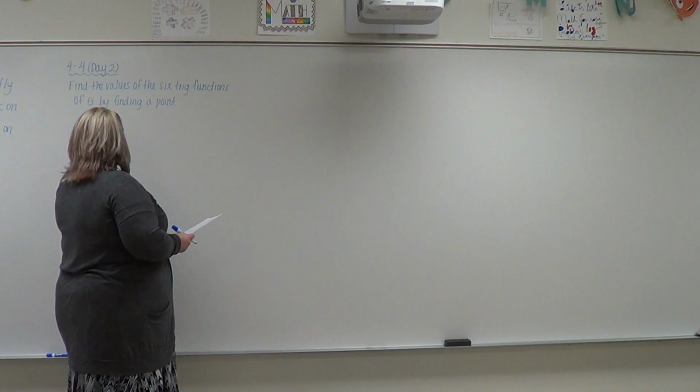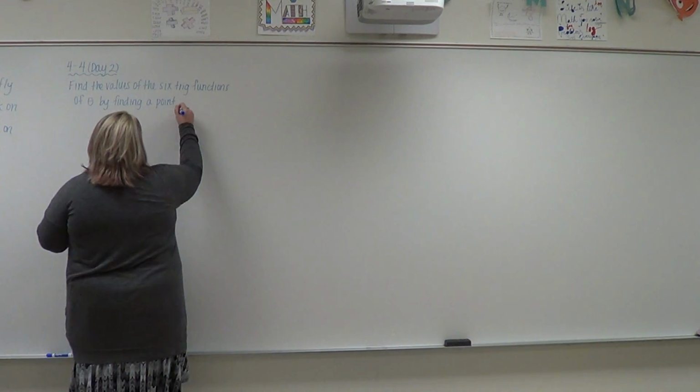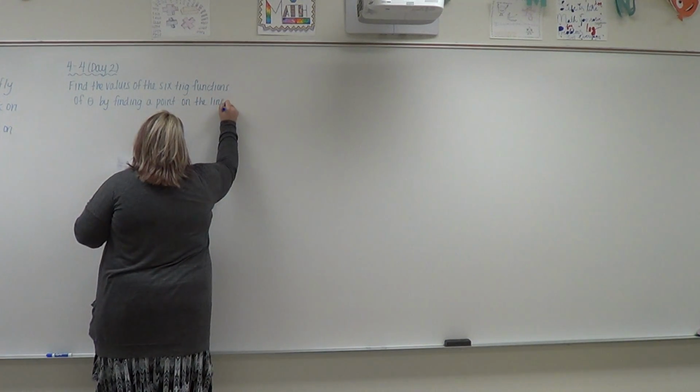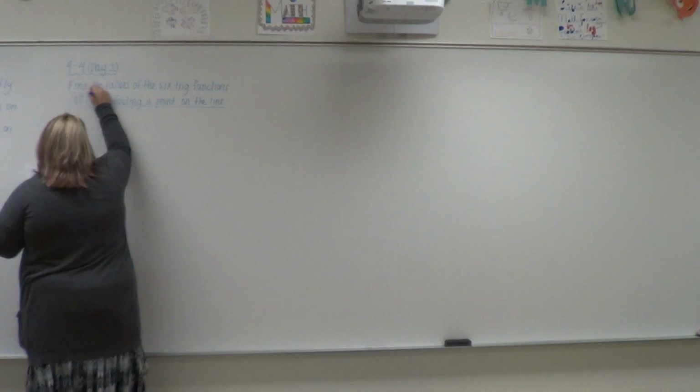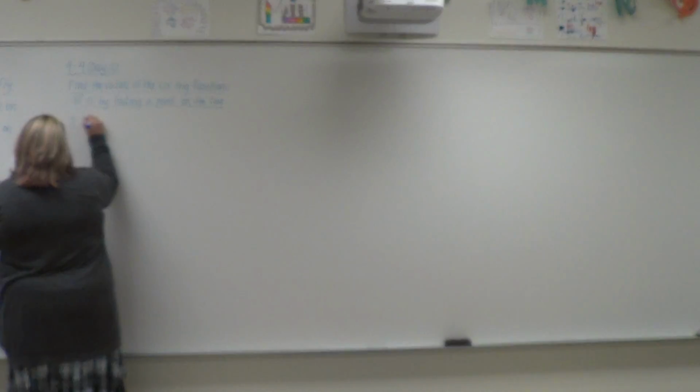So first we're going to find the values of the 6 trig functions of theta by finding a point on the line. So this is taking right after what we left off from yesterday.